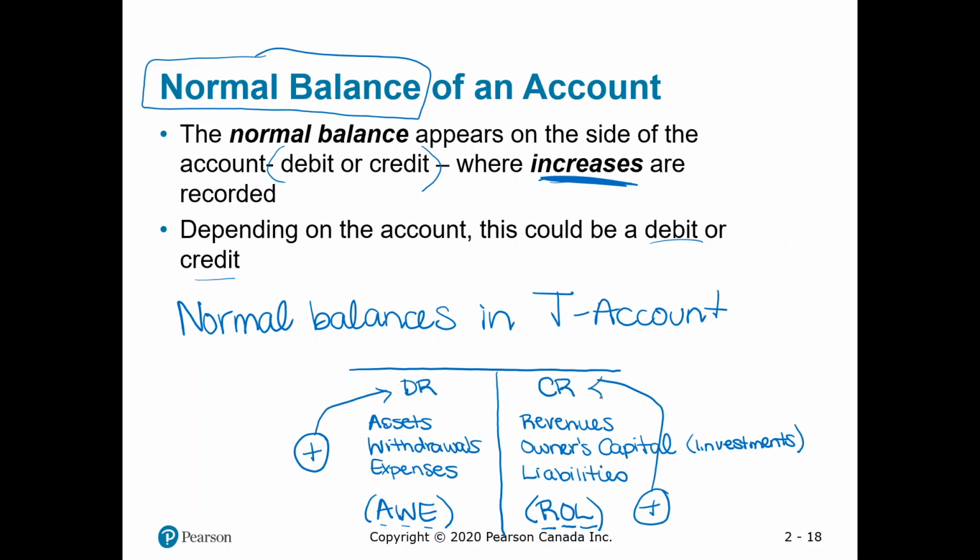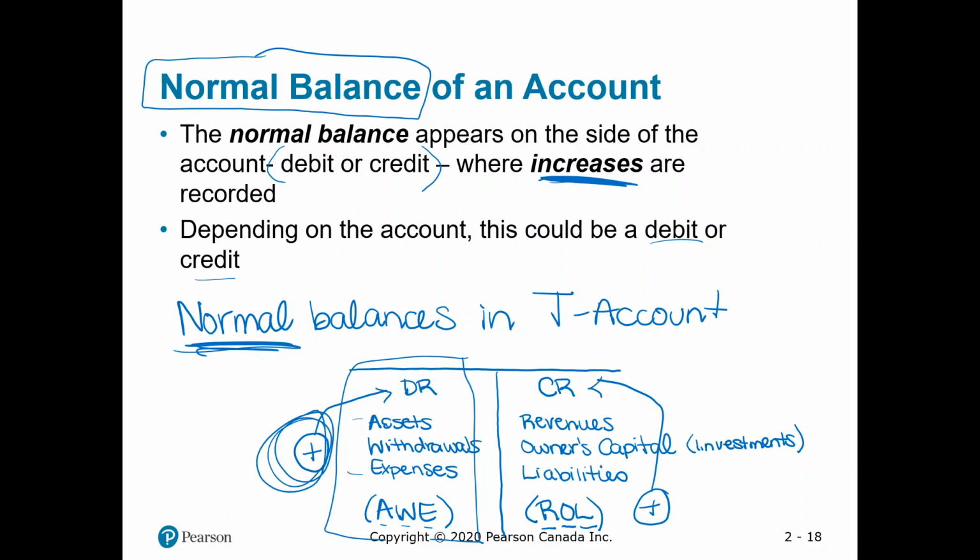So just a trick for you to remember, if this helps, you need to remember that you don't always debit an asset, a withdrawal, or an expense, but this is their normal balance, or where you increase it. If you were to decrease an asset, you would have to credit it. But this little trick is just remembering what the normal balances are, or how you increase these accounts.